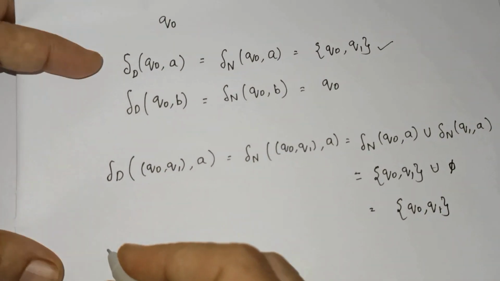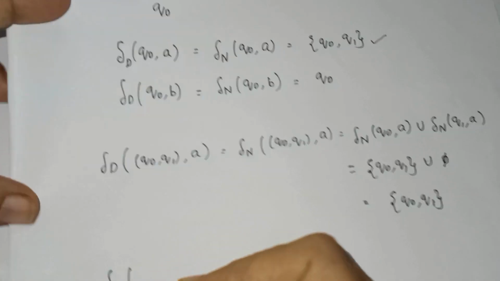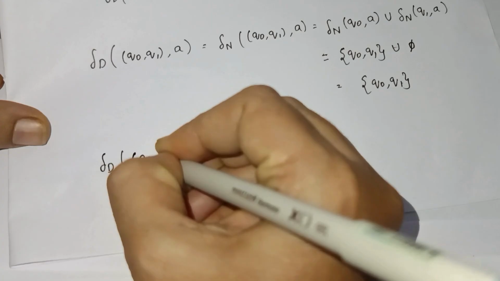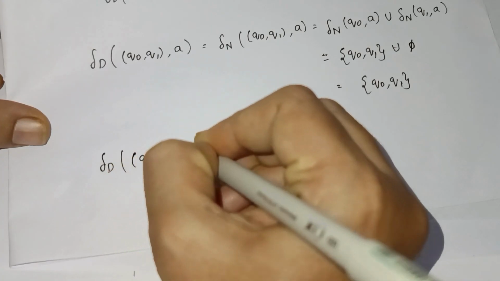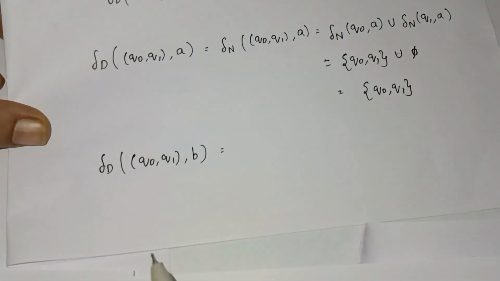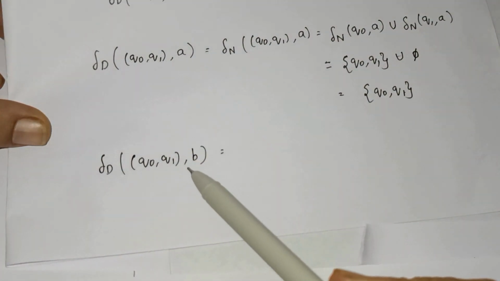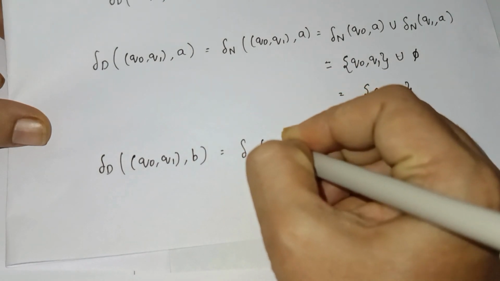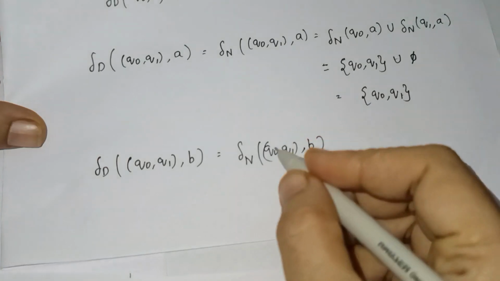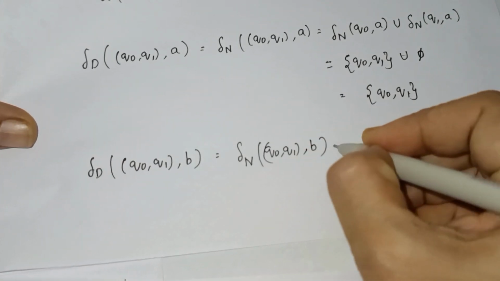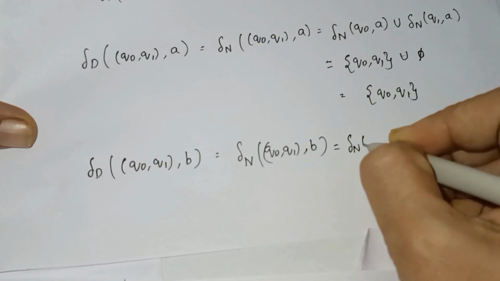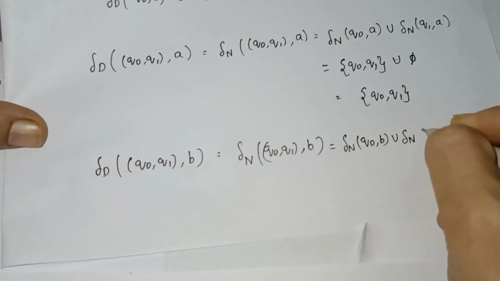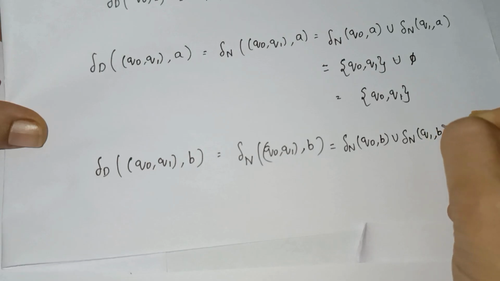Next, we should go for the next transition, delta D of Q0, Q1 on B. Q0, Q1 on A we did it. Now B we are going for. Delta N of Q0, Q1 on B equals delta N of Q0 on B union delta N of Q1 on B. Right?